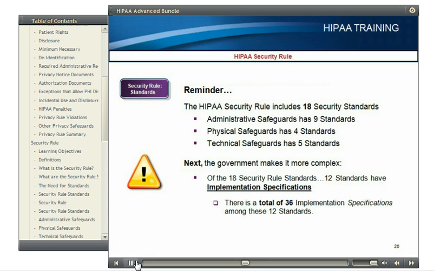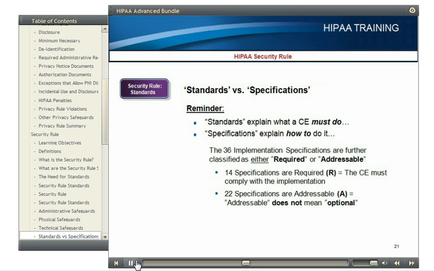Next, the government makes it more complex. Of the 18 security rule standards, 12 standards have implementation specifications. There is a total of 36 implementation specifications among these 12 standards. Standards versus specifications.